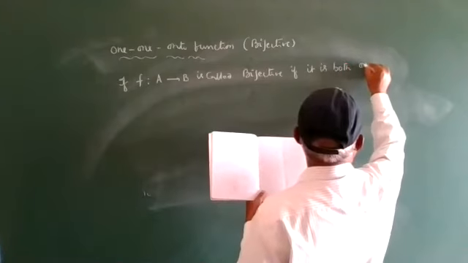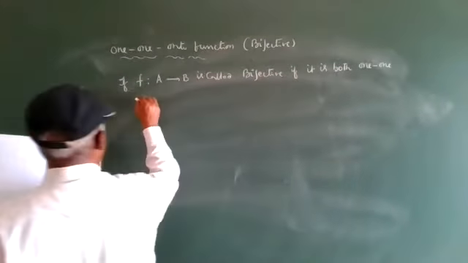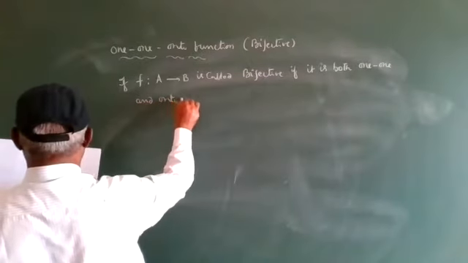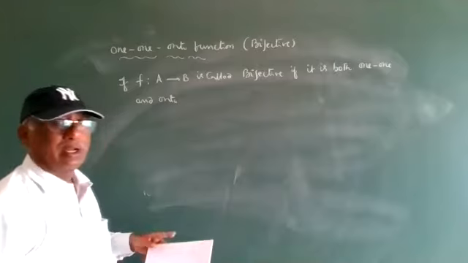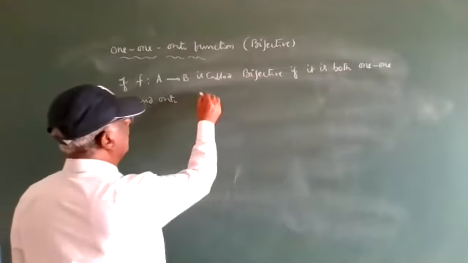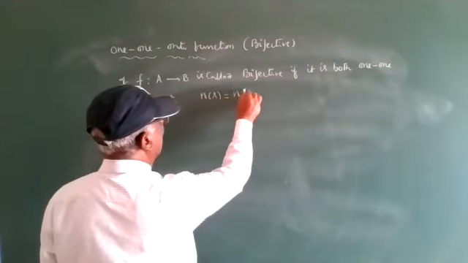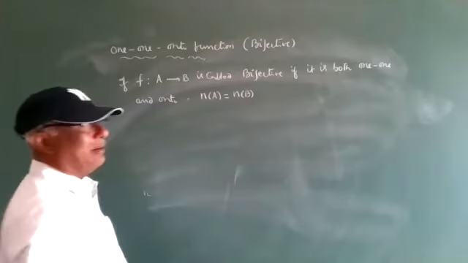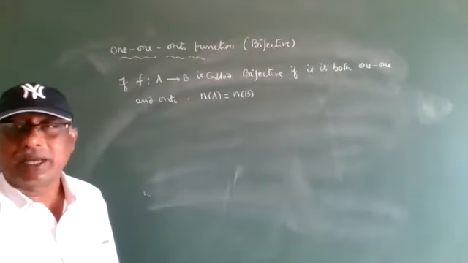Okay? The condition is the number of elements in A set is equal to the number of elements in B set.